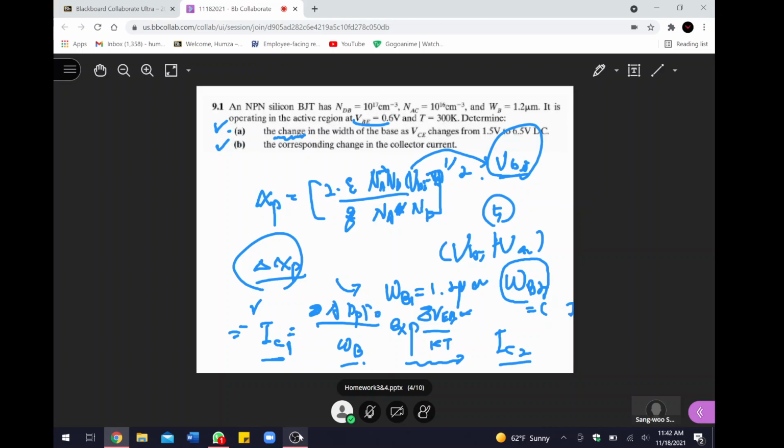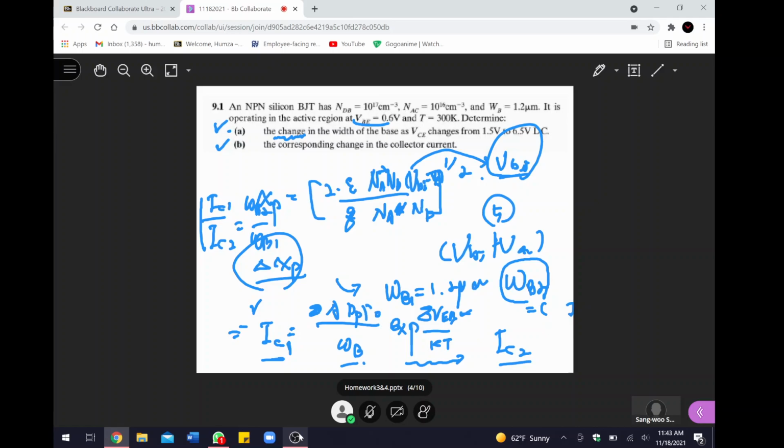In other words, if you compare the initial IC1 with IC2, it is WB1 divided by WB2.